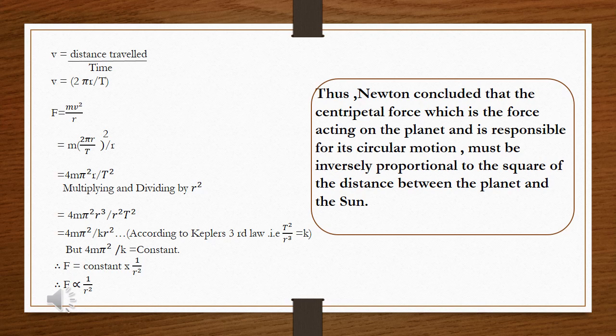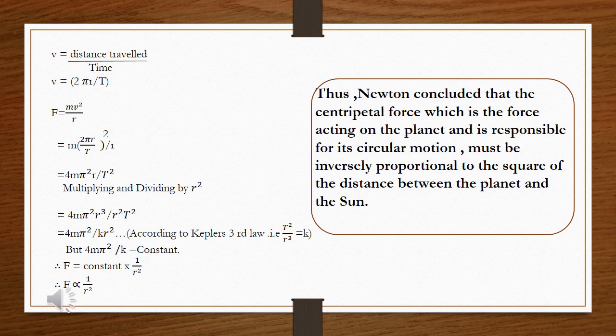Now we know what Kepler's third law was. Kepler's third law is T square upon r cube. That means the square of the time of revolution is directly proportional to the cube of the distance of the planet from the sun. That means T square upon r cube is a constant k. So let us multiply and divide the equation 4m pi square r upon T square by r square.